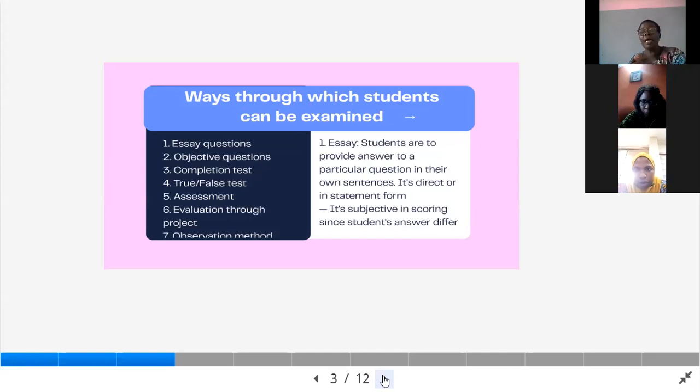Your words may differ from Esther's or Vanessa's or Folashade's sentences, but they make the same meaning. When the teacher is scoring the meaning, you get the same answer. Good, that is about the essay question.